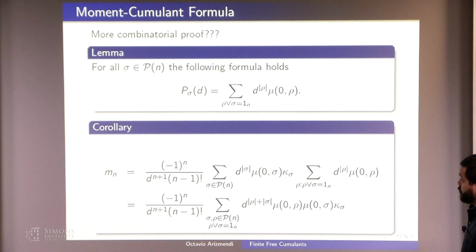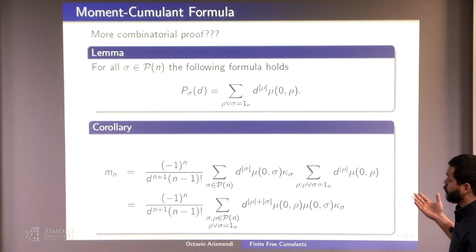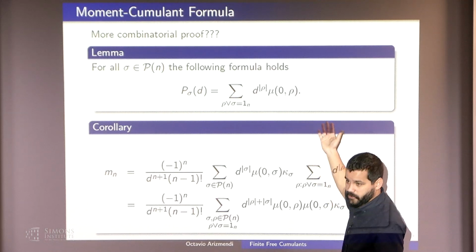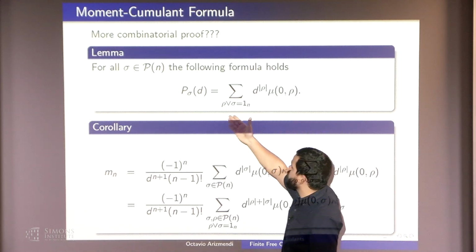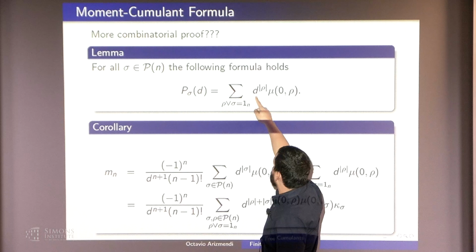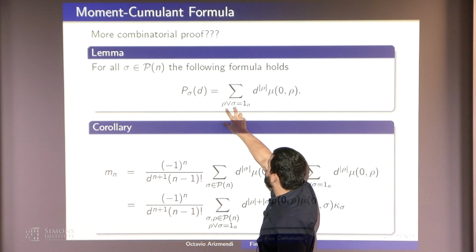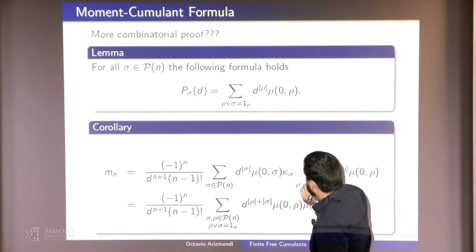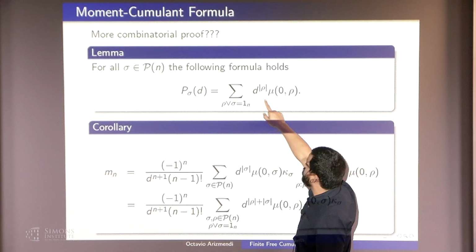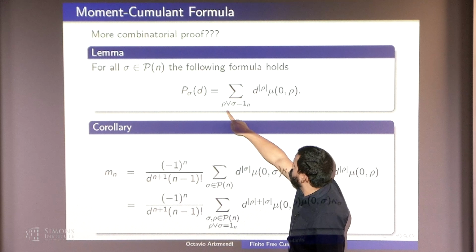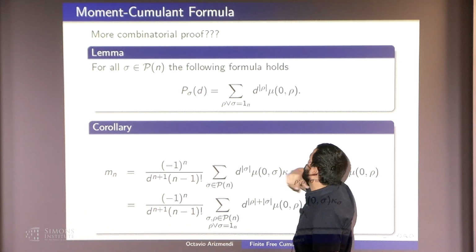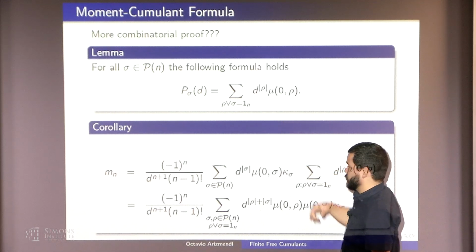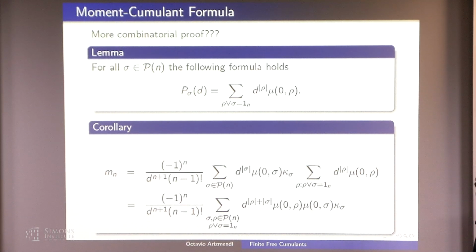And as I mentioned before, we don't have a very nice combinatorial proof of this polynomial. We have other ways to write this polynomial. For example, here is a sum over partitions rho, with the join being the total partition, d to the number of blocks of rho, and here the Mobius function of 0 and rho.